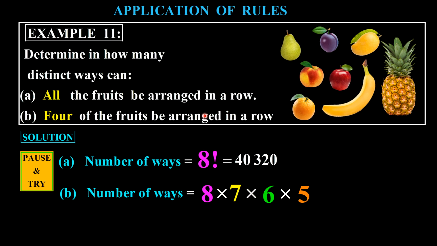So there are 8 times 7 times 6 times 5 there. So that gives us 1,680. We could also have done it using our rule there. We have 8 factorial, but we want to arrange only 4, so it's 8 factorial divided by 8 subtract 4 factorial. Just do that in the calculator, and let's see. It's exactly the same.